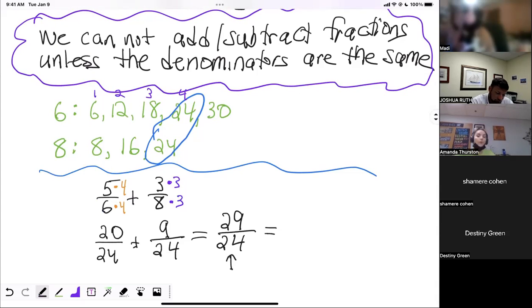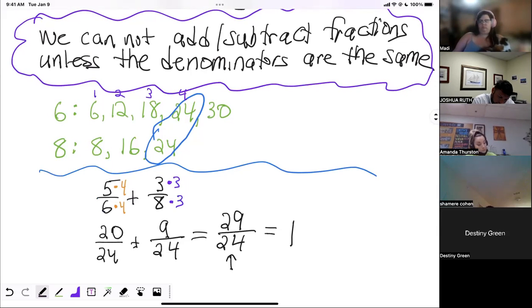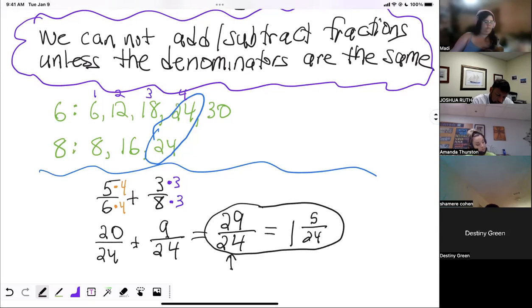So if I write it as a mixed number, how many 24s in 29? 1, 24 in 29. How many are left over? That would be 5. 1 and 5 over 24. So depending on what the question asked you for, you would either enter 29 over 24 or 1 and 5 over 24. Really pay attention to what they ask because they like to go back and forth on every question.